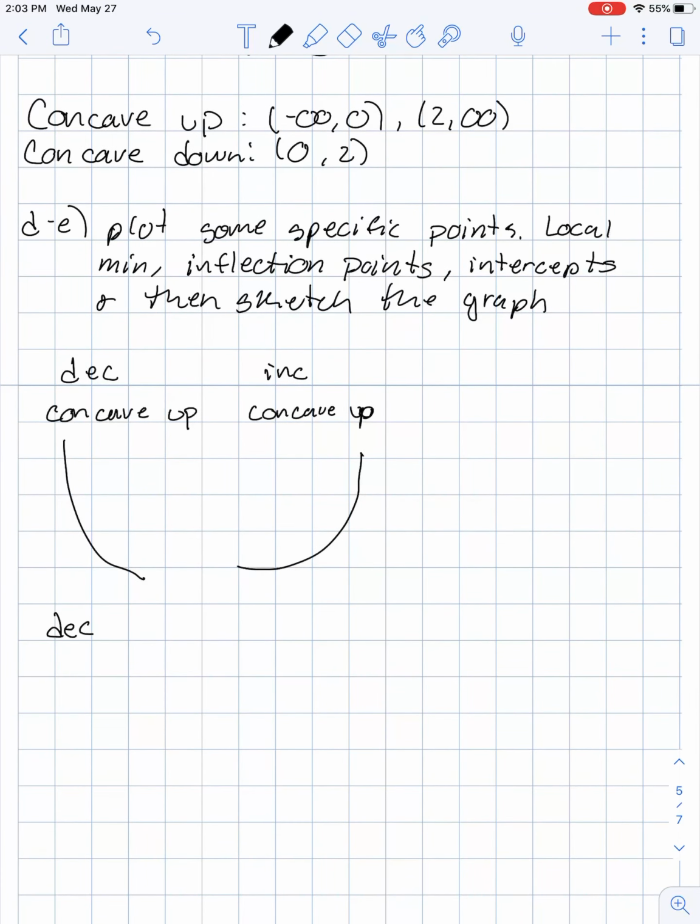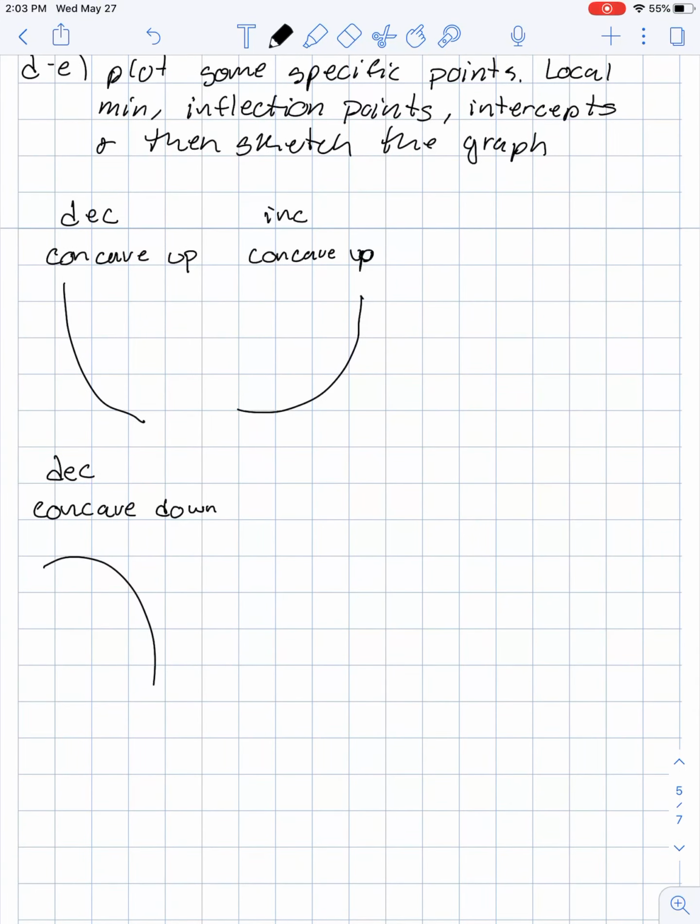If we are decreasing and concave down, I can do that a little better. It'll look like that.